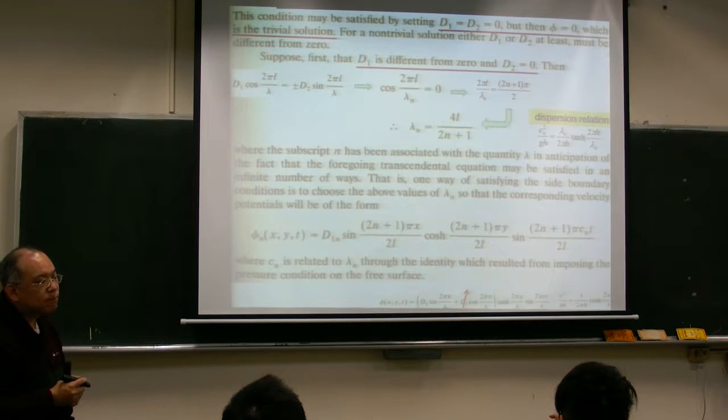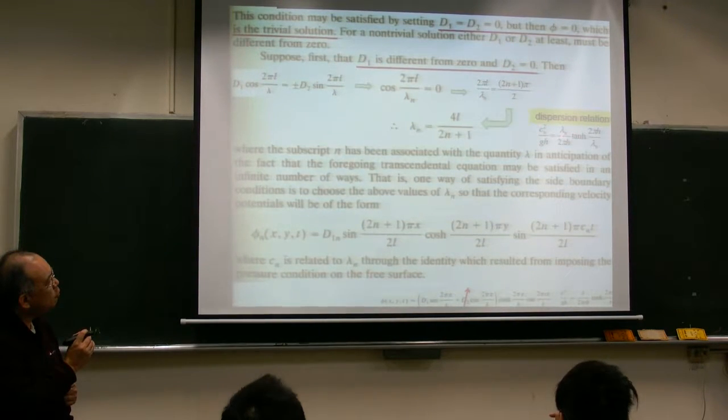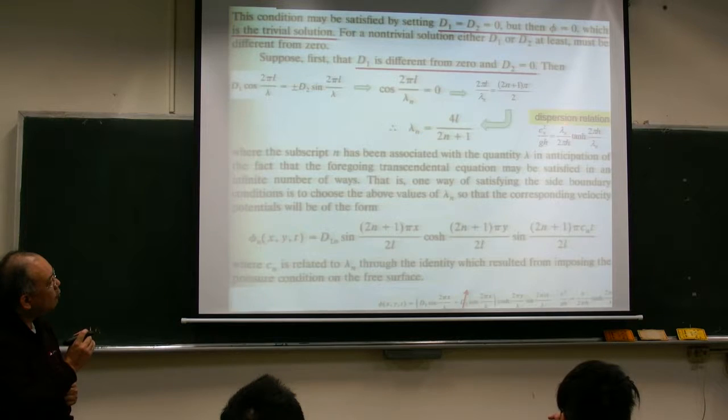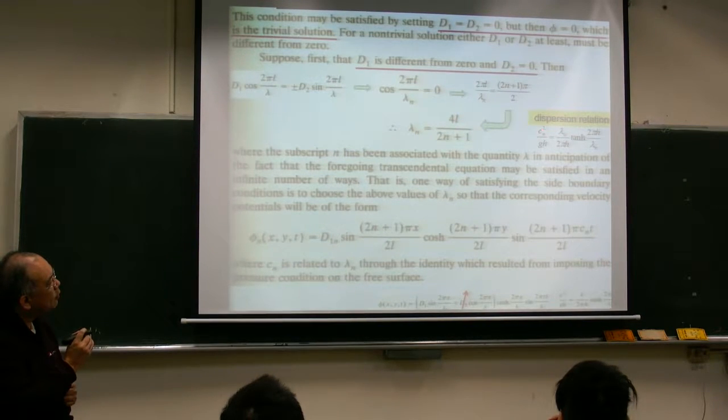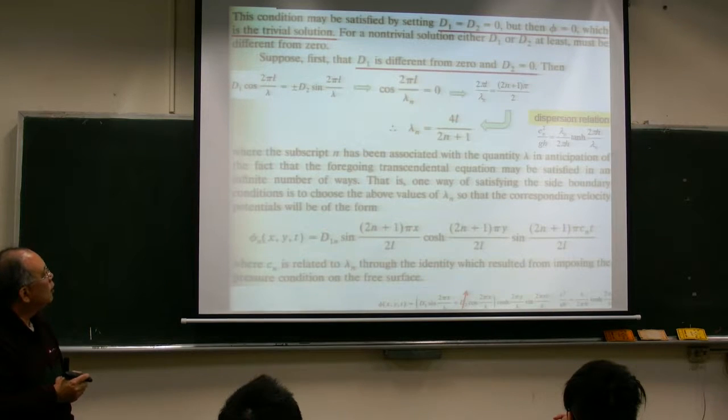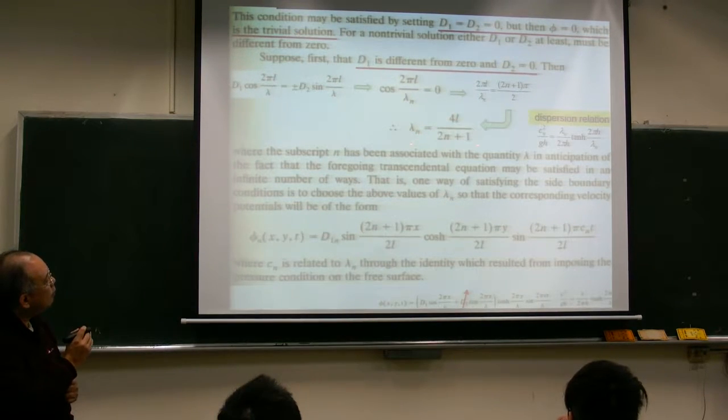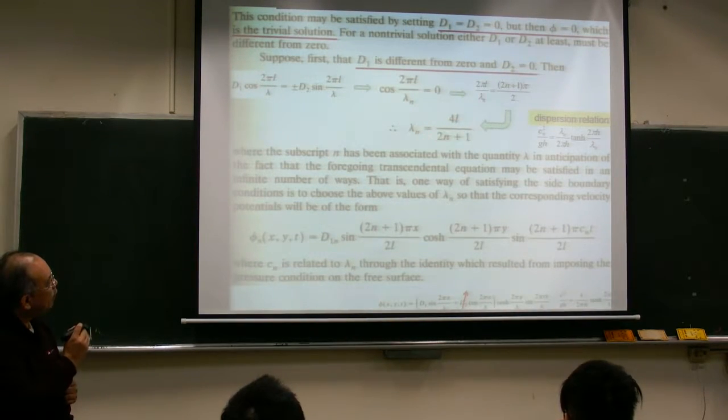So when we have a certain lambda n, it should satisfy this, and by using our dispersion relation, because the dispersion relation relates our wavelength lambda to our wave speed, we can find the corresponding wave speed for any wavelength by using this ratio. So this lambda n has to be specified at this number here in order to satisfy our boundary condition.